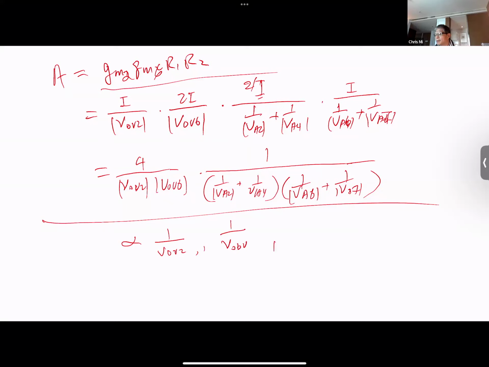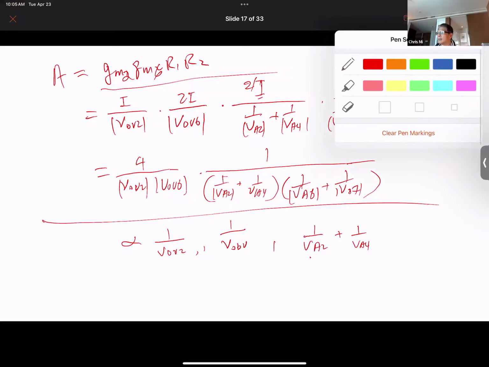So it's inversely proportional. And also it's inversely proportional to VA2 over 1 plus VA4. And this is inversely proportional, which means if VA2 is larger, it gives you a smaller number in the denominator. So therefore, we basically can say that the gain is related.